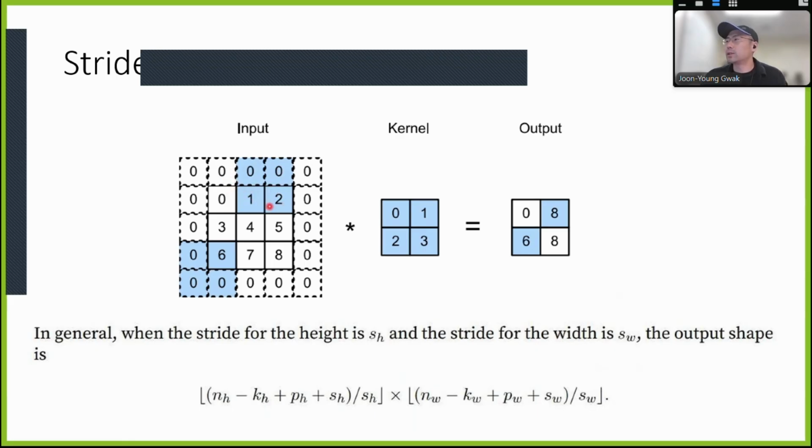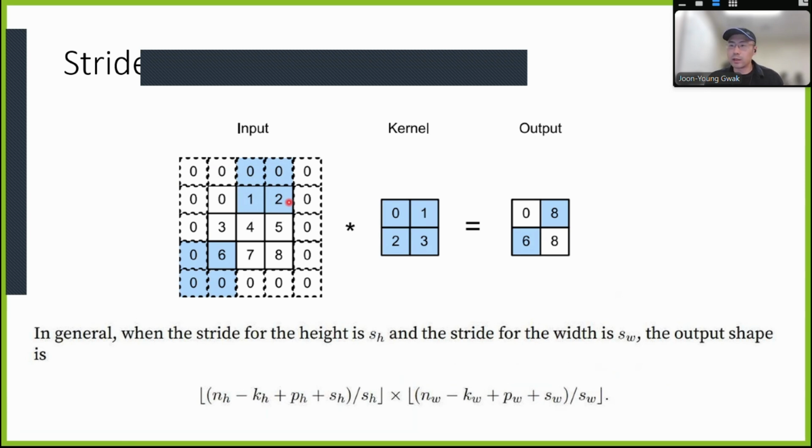So this would lead to less dot product computation because we're skipping one computation, which would naturally lead to a smaller sized output matrix.